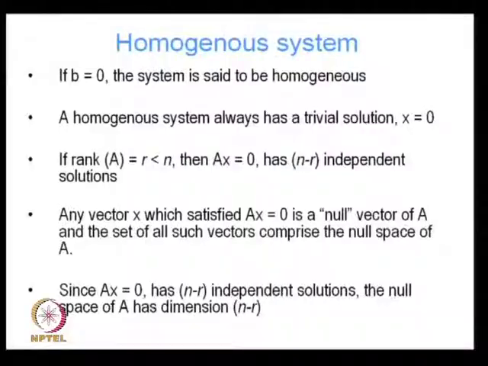If rank of A is equal to r less than n, then Ax equal to 0 has n minus r independent solutions.